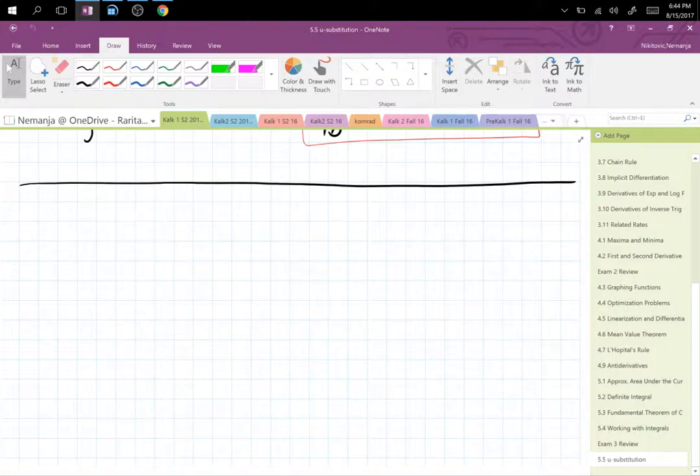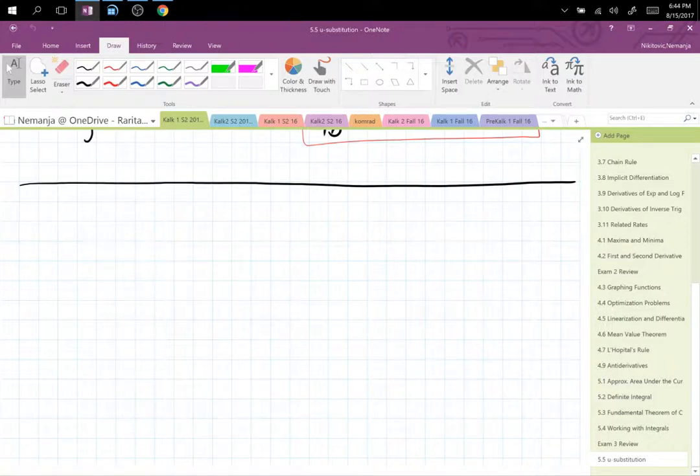The new part is that you will have to either change the limits when you change your variable, or solve the entire integral, ignore the limits, and then hopefully remember that you had limits and, when you go back to the original variable, use the original limits.